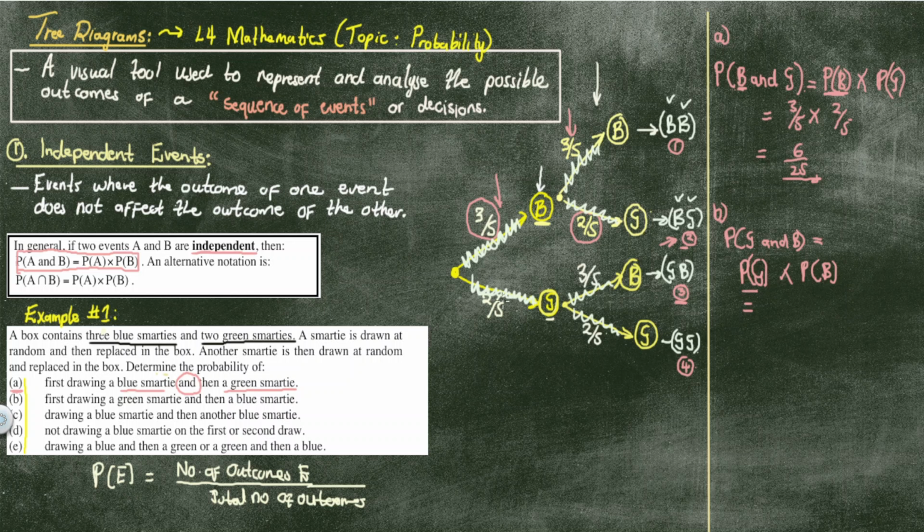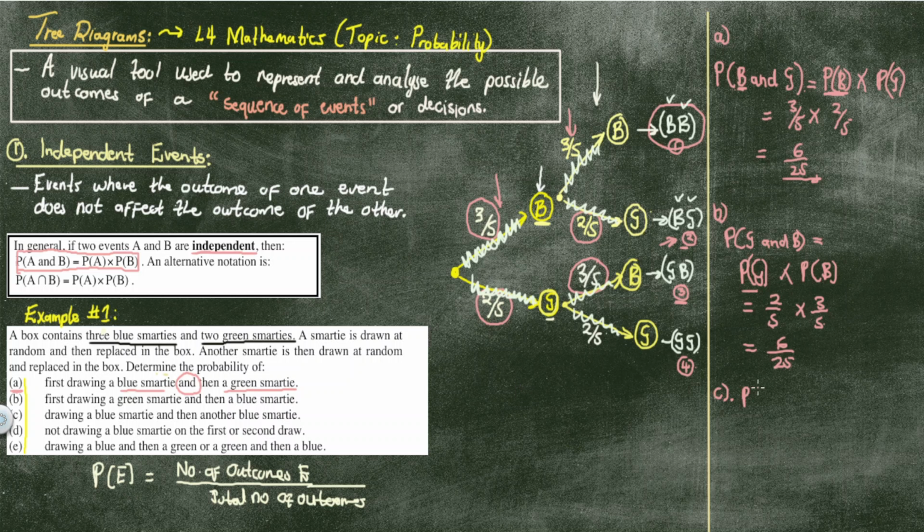So the probability of choosing a green first is 2/5, multiplied by the probability of choosing a blue afterwards, which is 3/5. Then 2 times 3 is 6, and 5 times 5 is 25. That's 25.